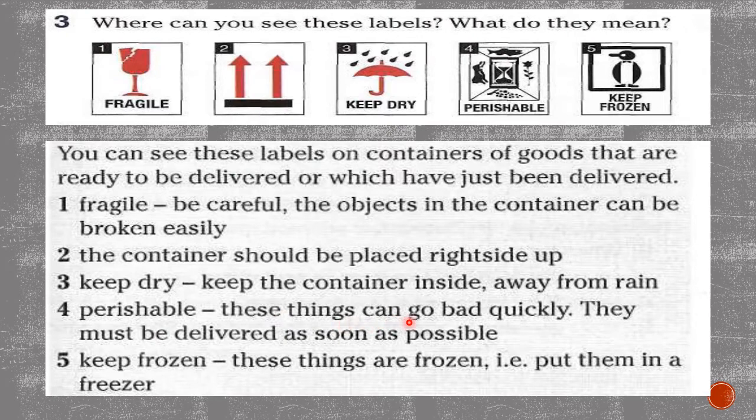These things can go bad quickly. They must be delivered as soon as possible. This label is put on things that cannot be put outside for a long time. For example, flowers or plants or maybe food, the things that should be delivered as soon as possible because they go bad quickly. Okay? And the last one, keep frozen. These things are frozen. I mean, put them in a freezer.